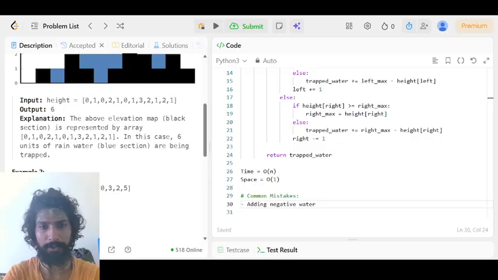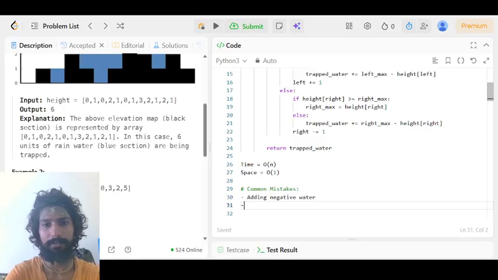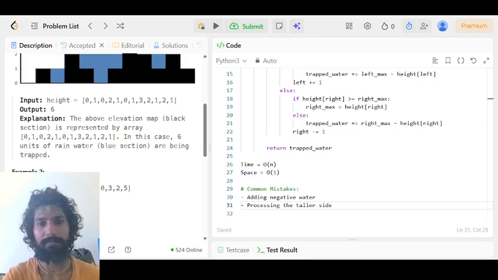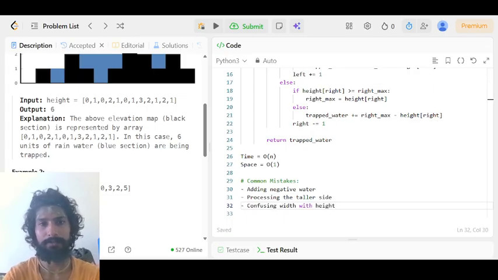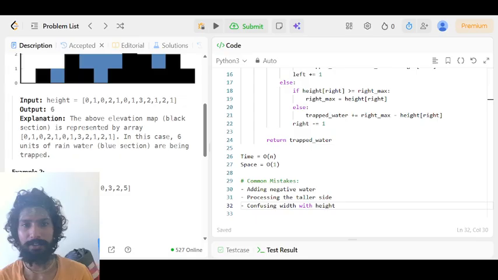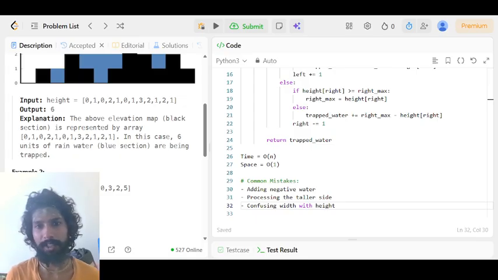Second mistake is processing the taller side. The shorter side gives a confirmed boundary and can safely be processed. Third mistake is confusing width with height. Every bar has width 1. So the trapped water at any index is simply the height difference.